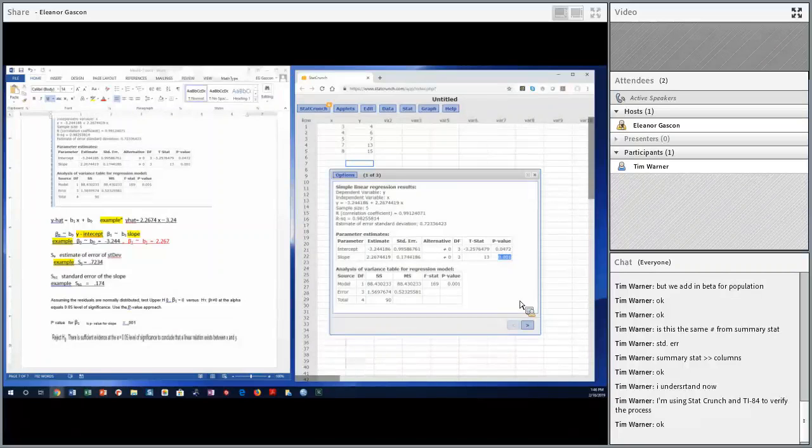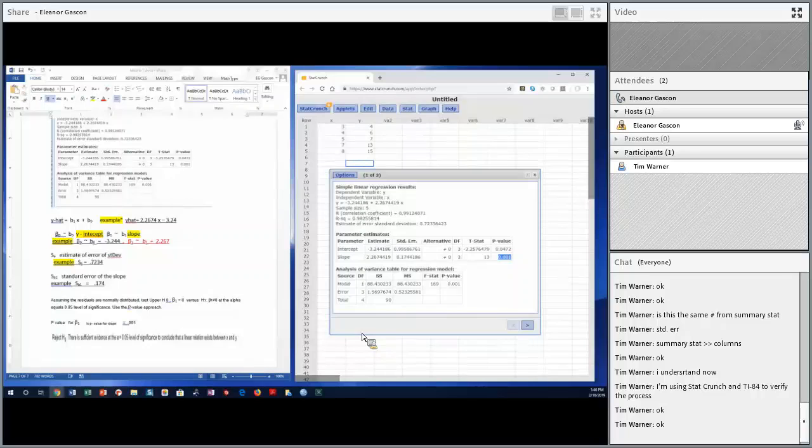There's the p-value for slope. You compare it with 0.05, and you say we reject the null hypothesis, therefore there's sufficient evidence at the 0.05 level of significance to conclude that a linear relationship exists between x and y.